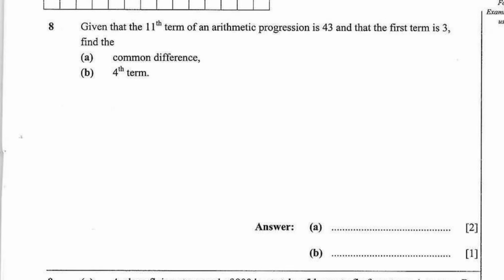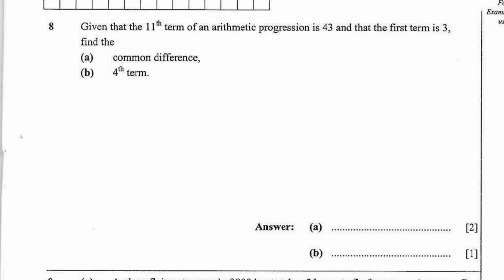Question 8 is saying, given that the 11th term of an arithmetic progression is 43 and the first term is 3, find the common difference. How can you find the common difference here?